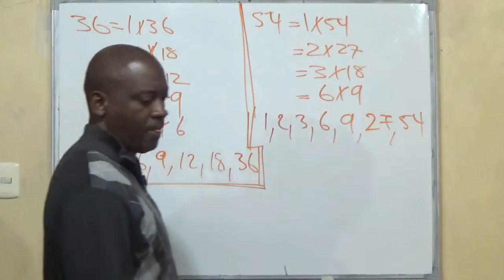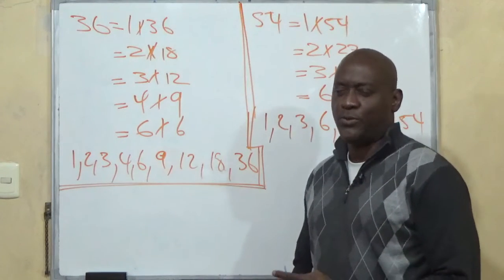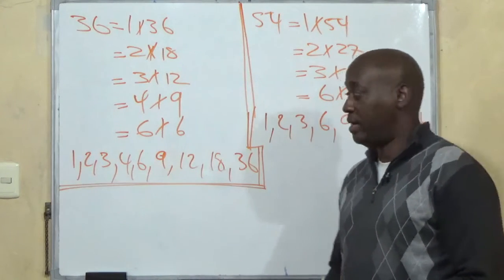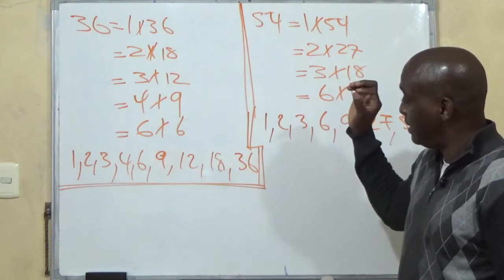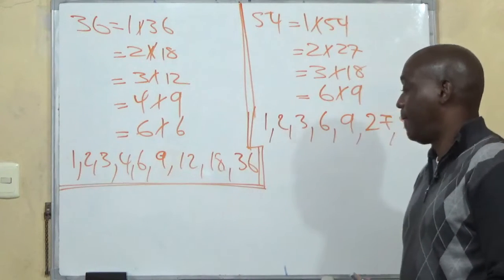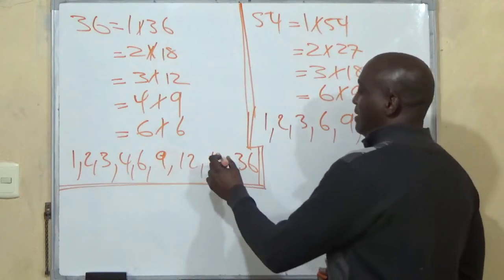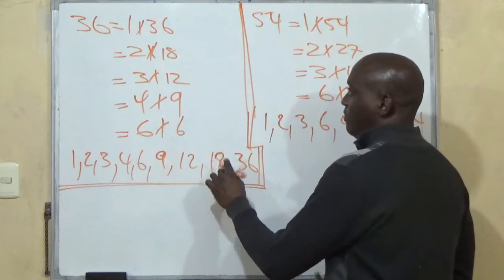Nice. Now, we enter the zone where instead of simply listing out all the factors, we're now going to list the prime factors of each number.